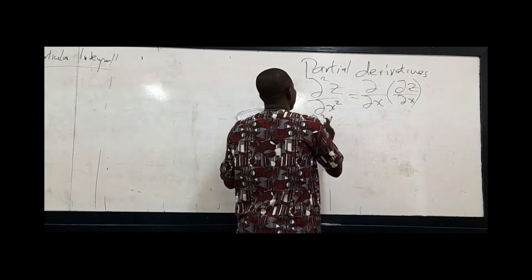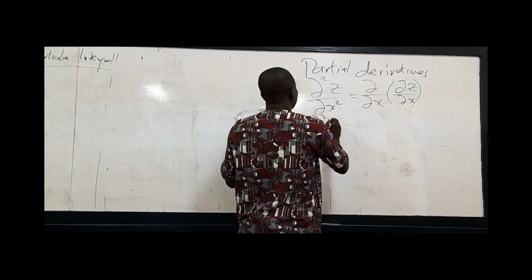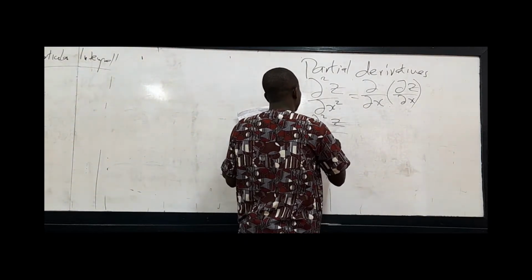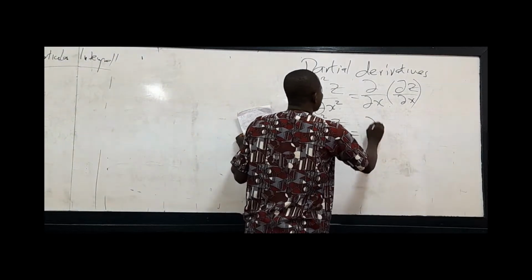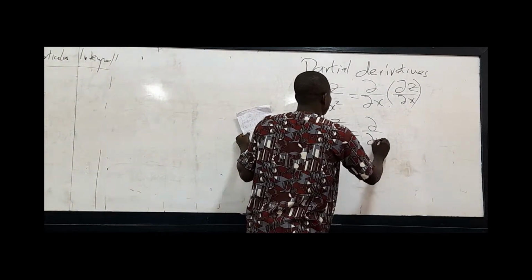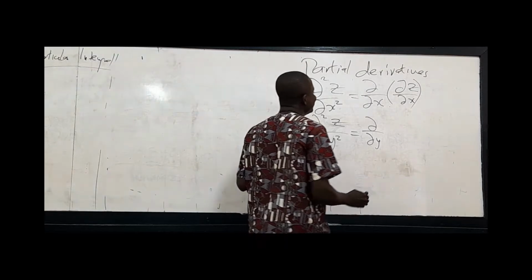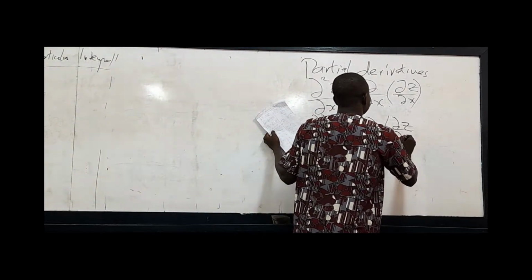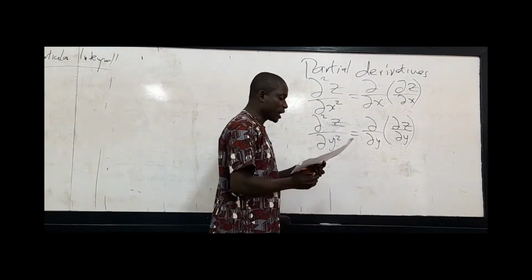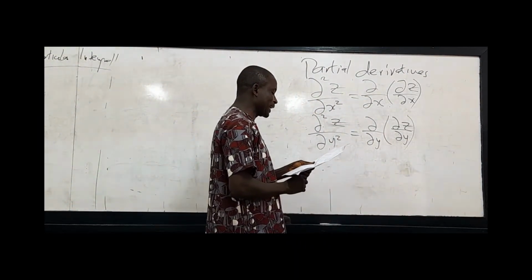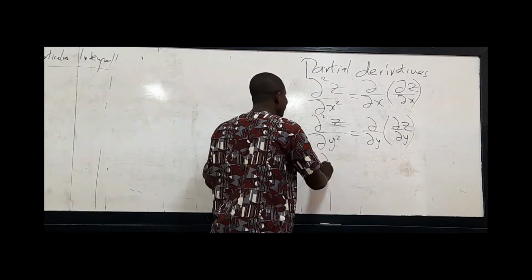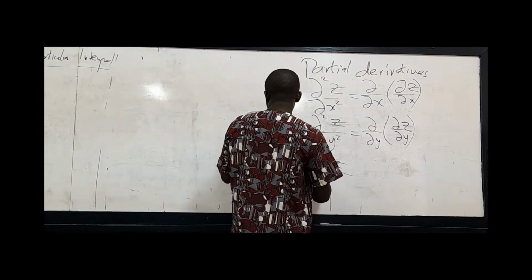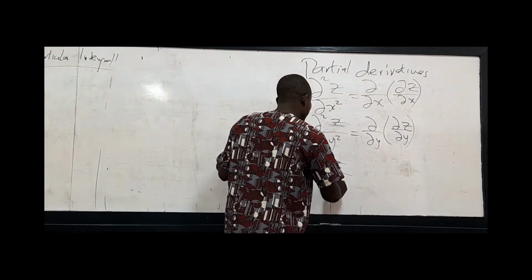Then the square z over the y squared. This one will be the y. Interestingly, then the z, the y. Is that okay? Then we have the square z over the x, the y.